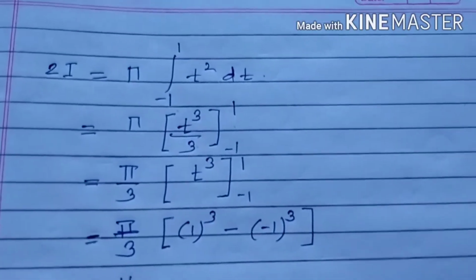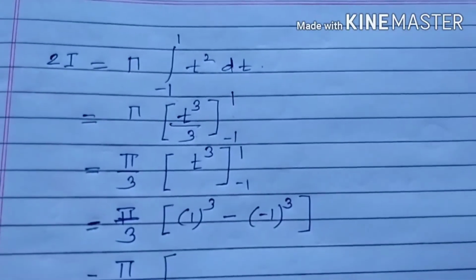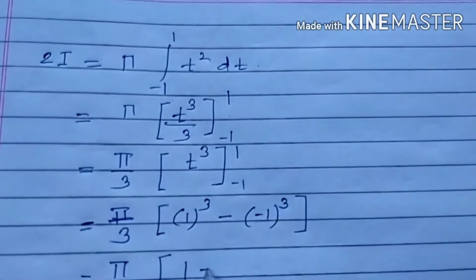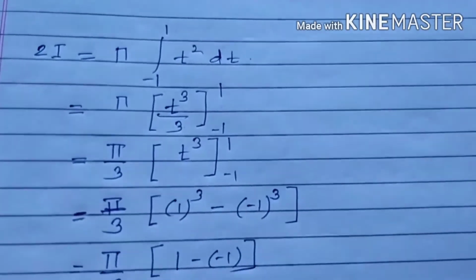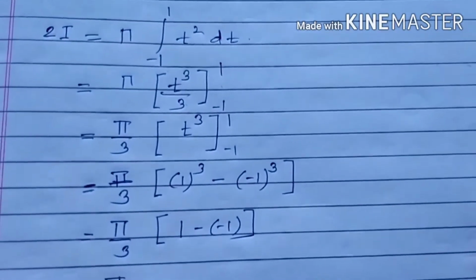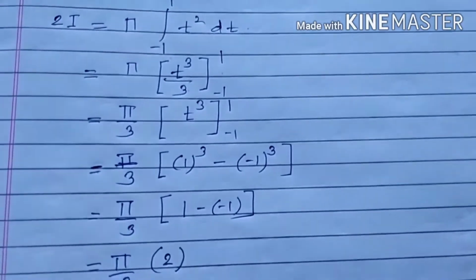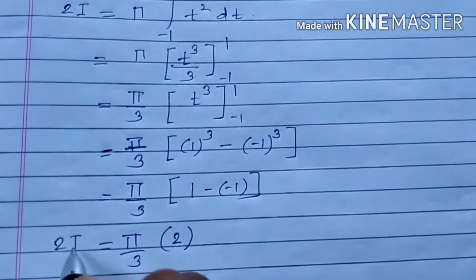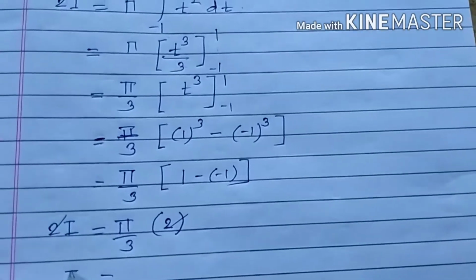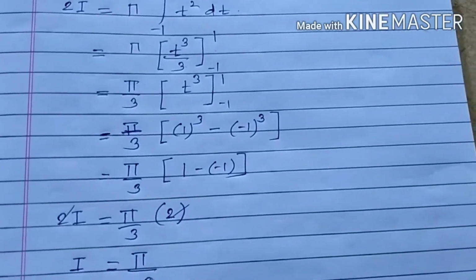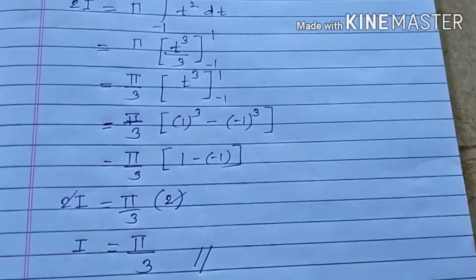So it is pi by 3 into 2, and here is 2I. So 2 gets cancelled. I is equal to pi by 3. This is our answer.